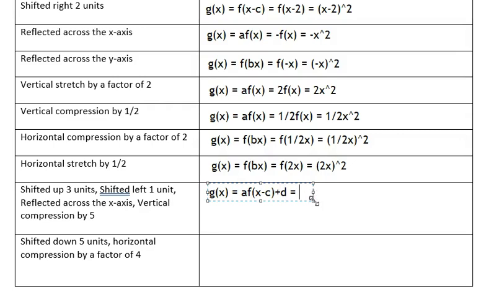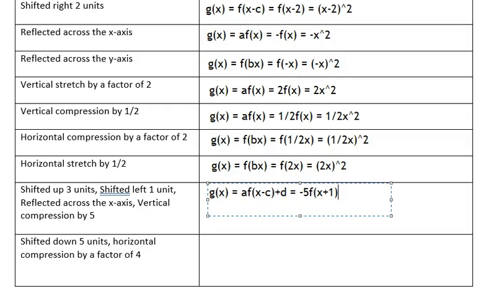So here, according to what it says, it's reflected across the x-axis, so a will be negative, and a vertical compression by 5, so it would be multiplying by 5. Negative 5 times f of x, and shifting left 1 unit would be x plus 1 for the shift, because you have minus c, so it would be minus negative 1, so you'd have plus 1 there.